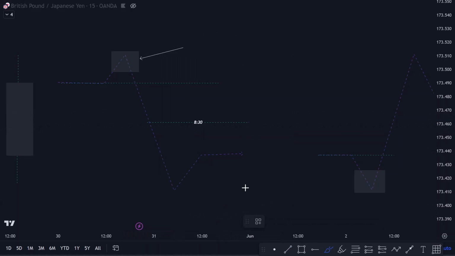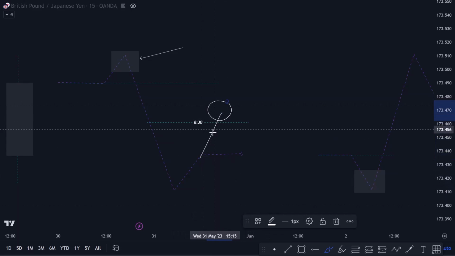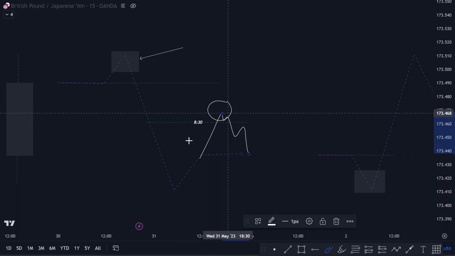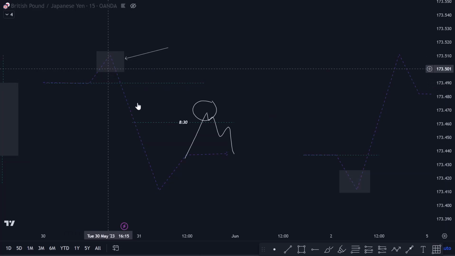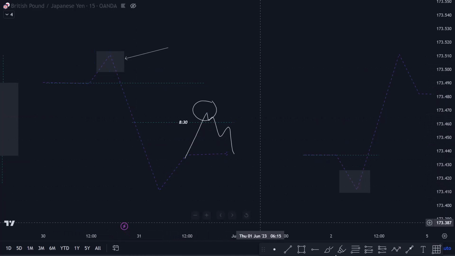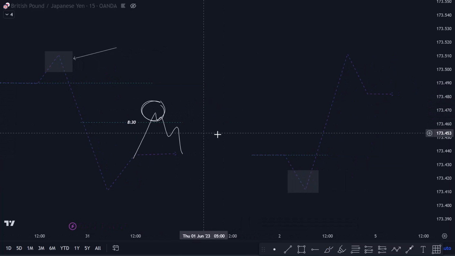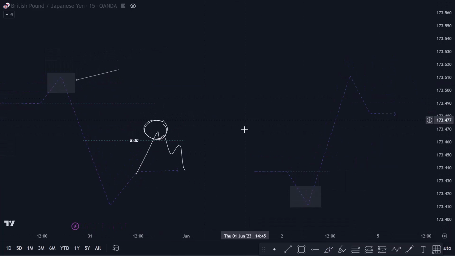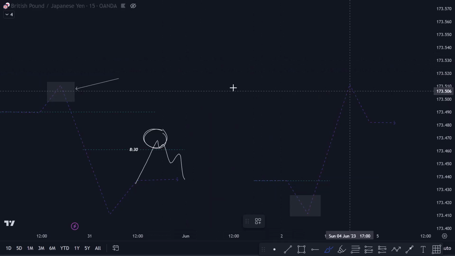If price goes above 8:30, you can find a setup here and price will come down. This is also possible. So if you miss the midnight, no worries, wait for the 8:30. There is another Judas swing here. You can catch it.